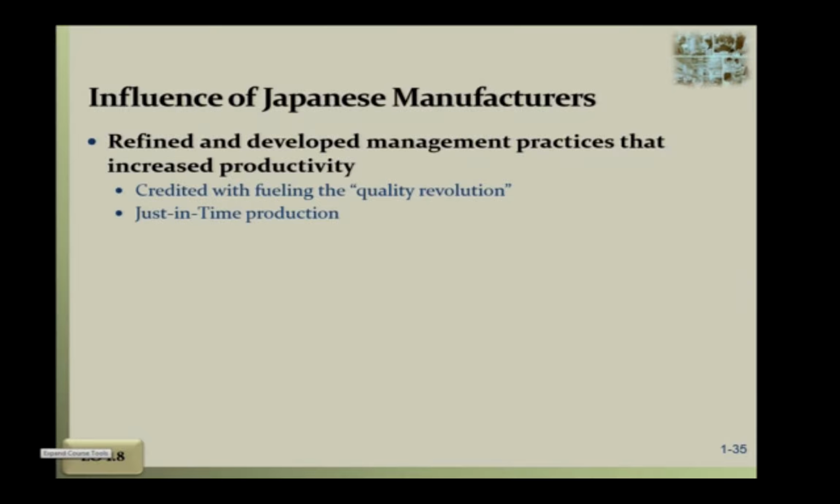Well, guess what? They started a quality revolution in the 1950s, and most of that is credited to people at Toyota. So in terms of higher quality of production, the Toyota production system is the highest quality manufacturing in the auto industry.